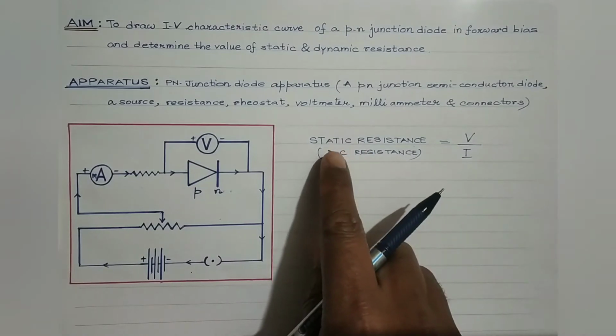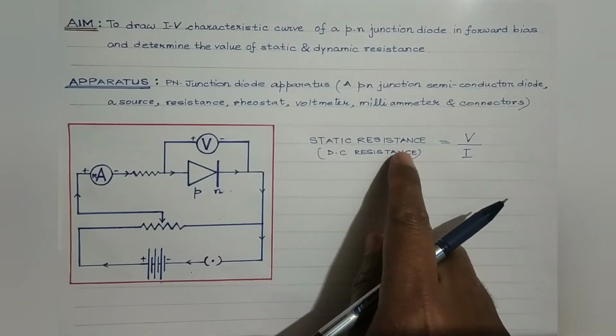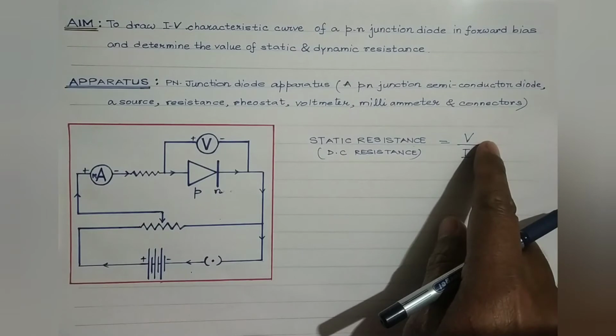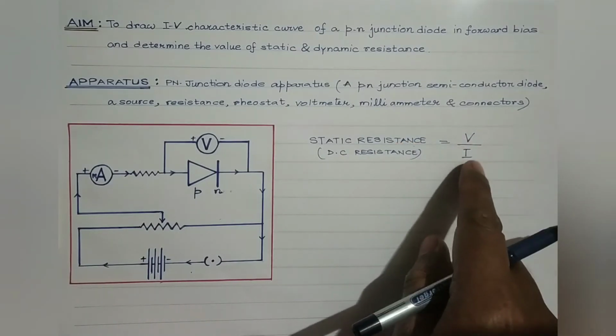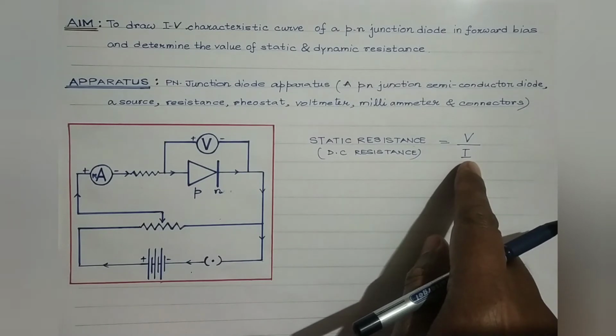And as the term suggests, it is constant, so it is independent of the applied voltage. In the linear region, this resistance would be constant and independent of the applied voltage.